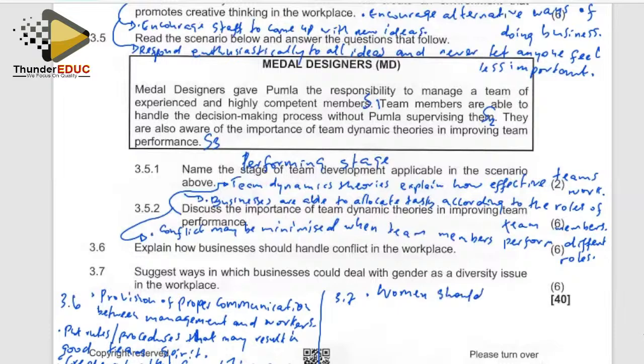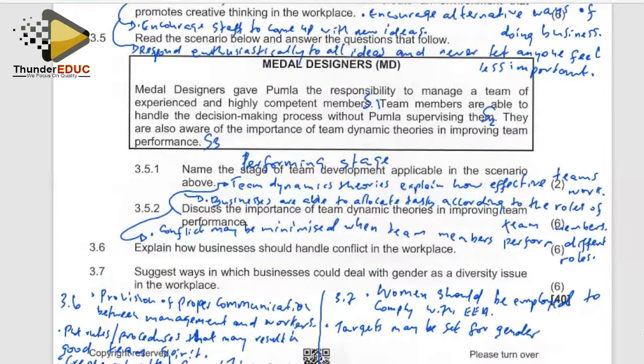Saying that women should be employed to comply with the Employment Equity Act. And also we are saying that targets may be set for gender equity in the business.